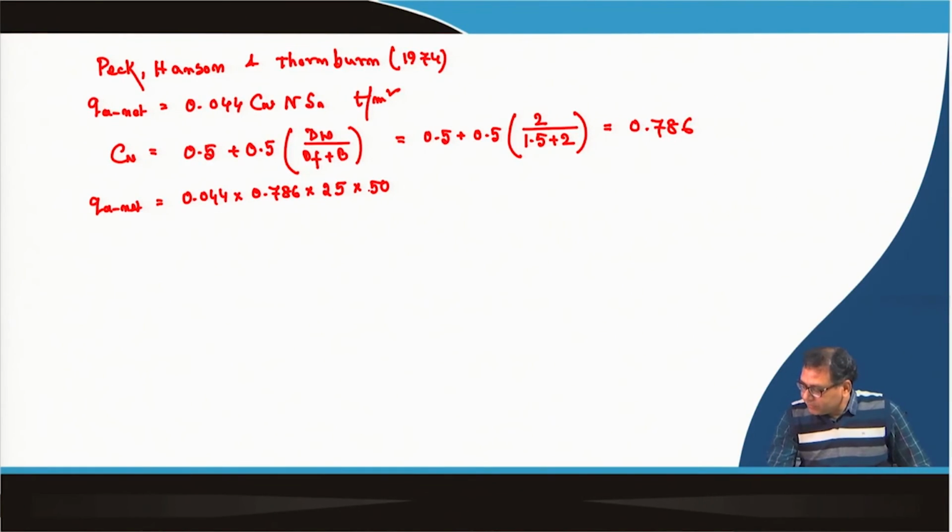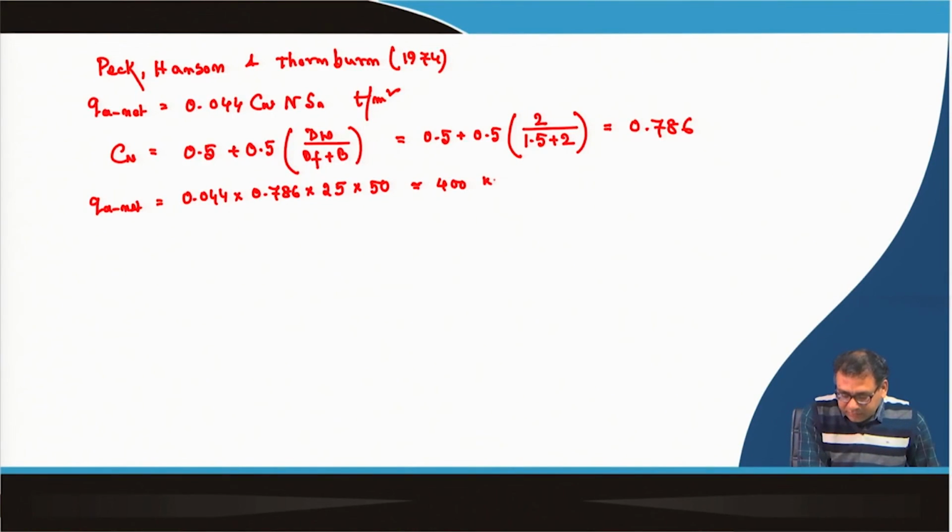Okay. So, this value we are getting, around this value will be getting around 400 plus, because it will be more than 400 or something.